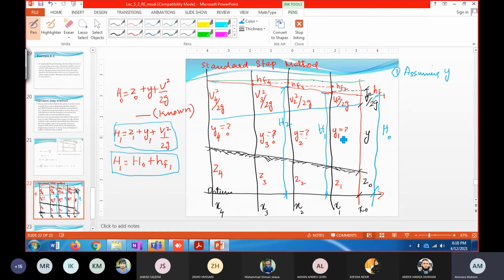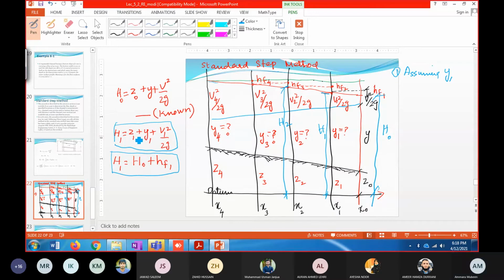And through that y value, you can calculate H1 and V1. Assuming Y1, you can calculate the parameters involved in equation 1.